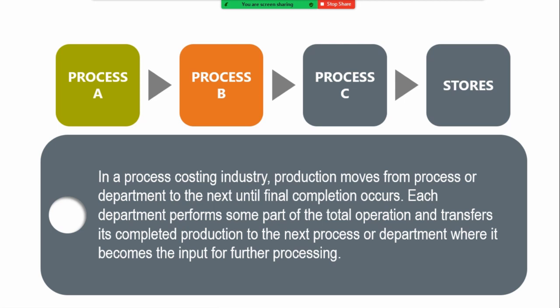As you can see on your screens, the output from process A becomes input to process B. Output from process B becomes input to process C until we get the final product from process C, which we have said can be a single product, joint products, or by-products, as we are going to see.